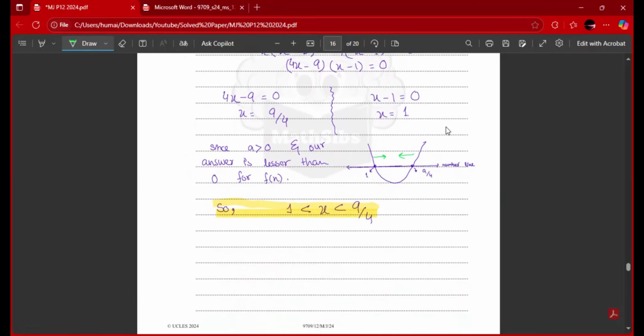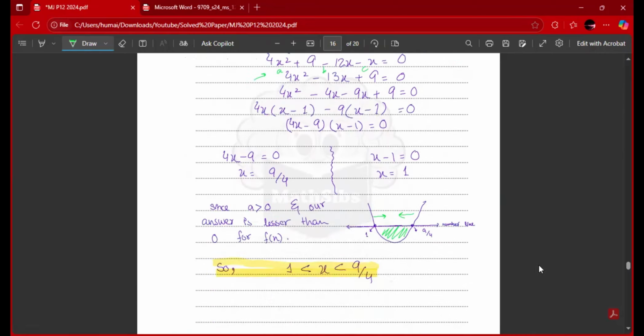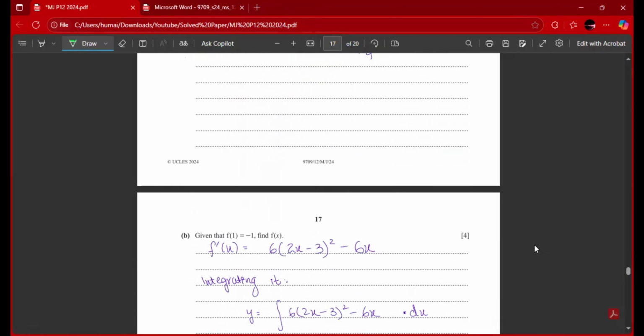The smiley face being drawn, writing the values on the number line, let's see which part is lesser than 0. This part, meaning that if I have a value that is lesser than 9/4 and greater than 1, my function would be decreasing. Okay, that's the final answer.